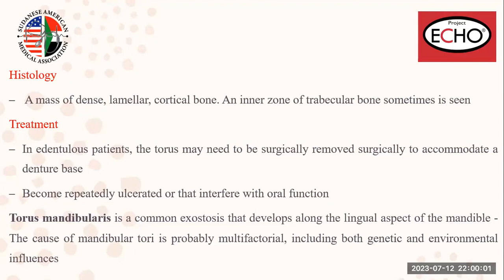The counterpart for torus palatinus is torus mandibularis. This is a common exostosis that develops along the lingual aspect of the mandible rather than the buccal, because the one on the buccal is called mandibular exostosis. These are probably multifactorial, again including both genetic and environmental influences, very similar to torus palatinus.